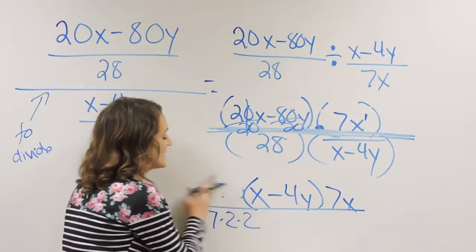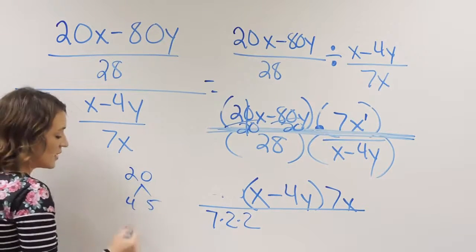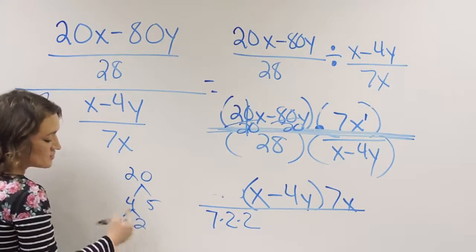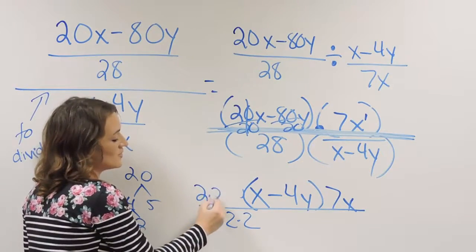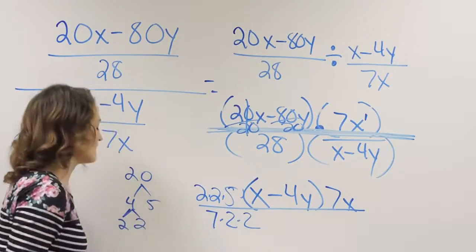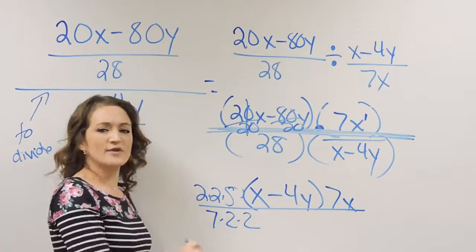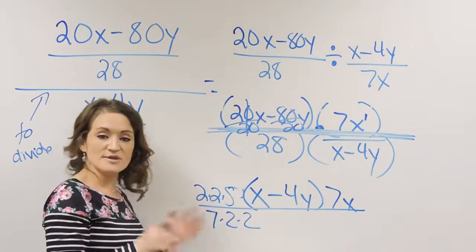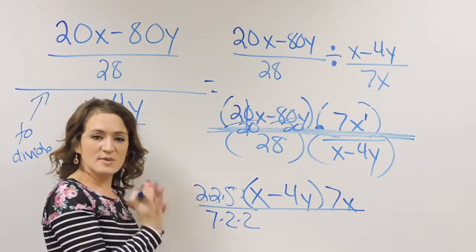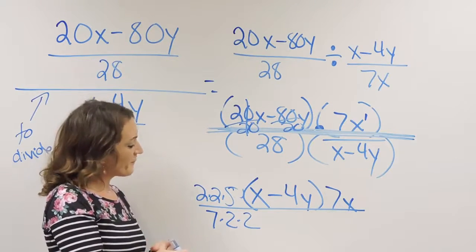So 20, let's see. 20 is 4 times 5, right? But 4 is also 2 times 2. So technically, this 20 is a 2 times a 2 times a 5. So let's go ahead and rewrite that 20 that way. That way we don't have to do any more simplifying in the end. So we do want to break up numbers as small as we possibly can. Using a factor tree really helps us in doing that.